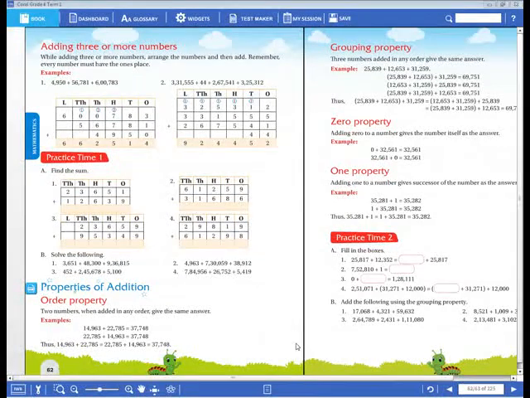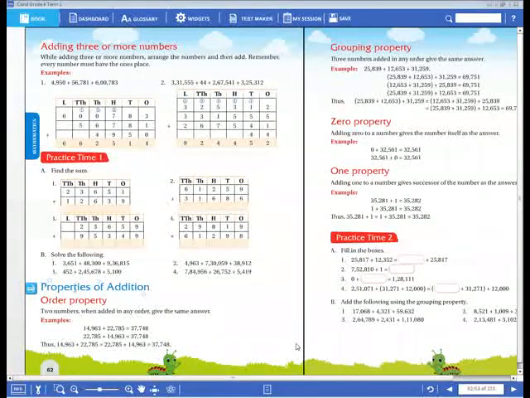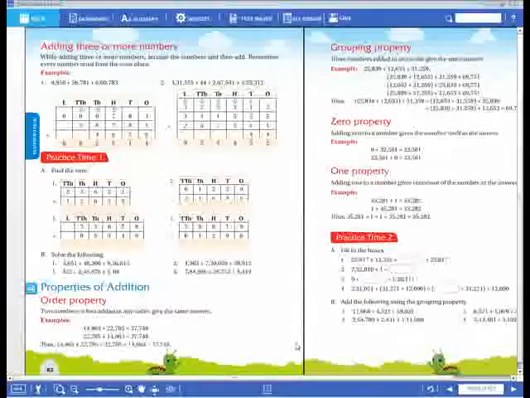Dear children, have you written this in your notebook? So here is an example, write down: 2 plus 3 plus 4. Give the group 2 plus 3 in brackets, plus 4. Write 2 plus 3 in the brackets and then plus 4.